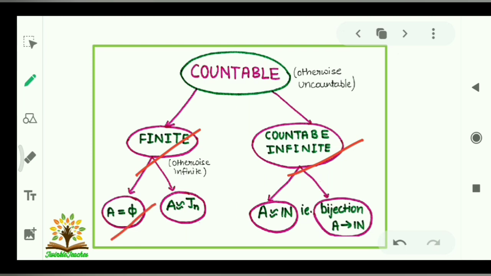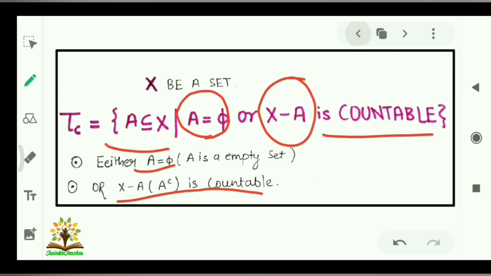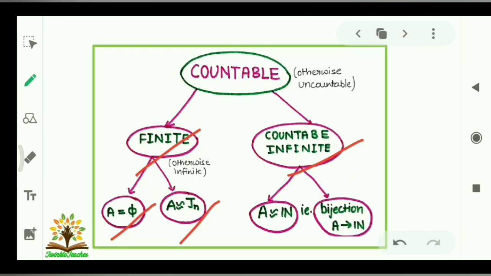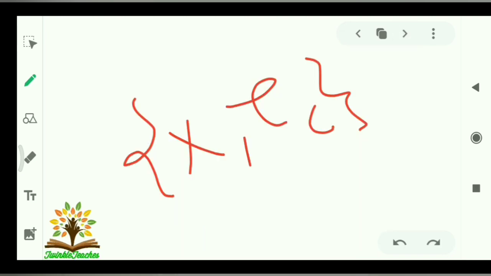Finite means either A is empty or A is equivalent to a subset of natural numbers. And countably infinite means there exists a bijection from the set to the set of natural numbers. So it is about the co-countable topology. It is also known as co-countable complement topology, and the set together with the topology is known as co-countable topological space.